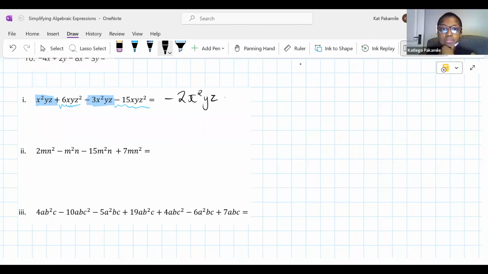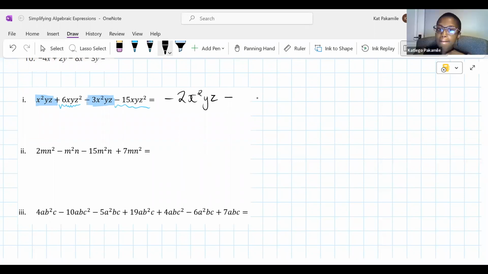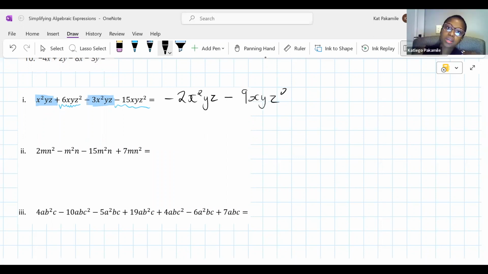So then negative 11. Negative 15 plus 6. Negative 20, not 21. Check in the chat that Carlos is helping you. Oh, negative 9. Beautiful. Negative 9, and my variables are x, y, z squared. Beautiful, Chloe. Beautiful.